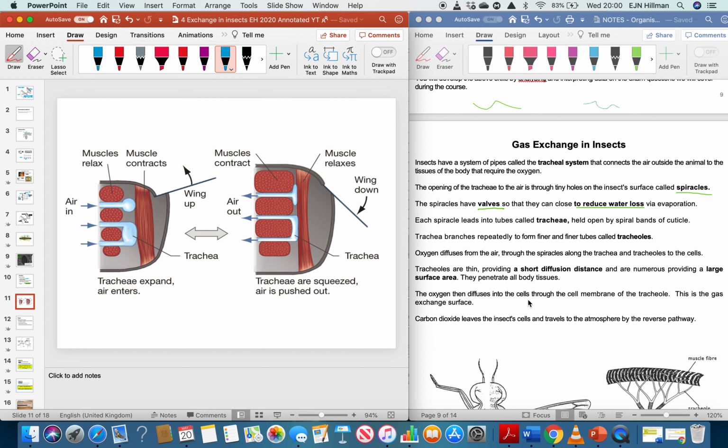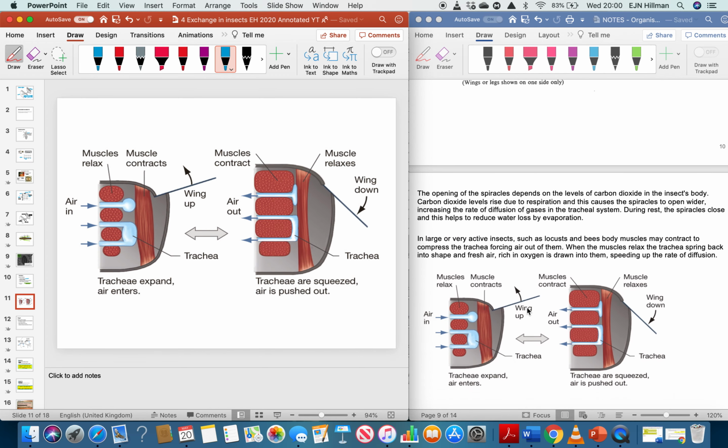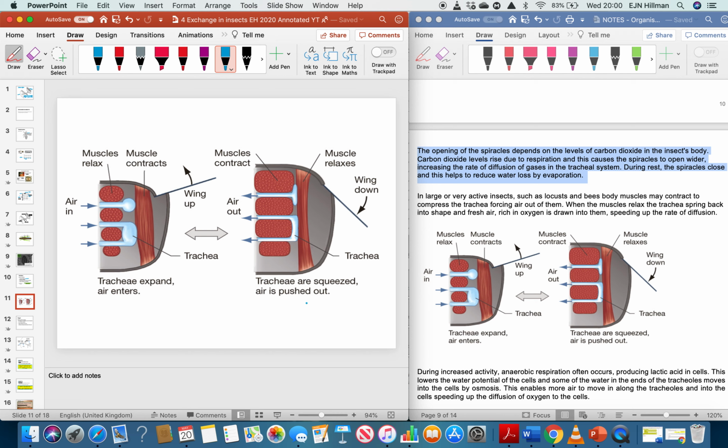Okay, now this is mentioned in your notes, and it often causes a bit of confusion.